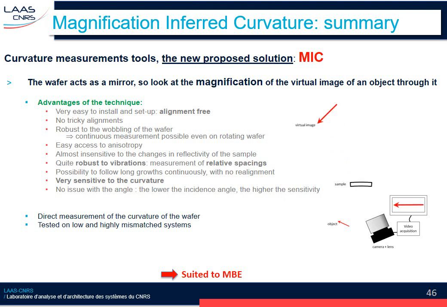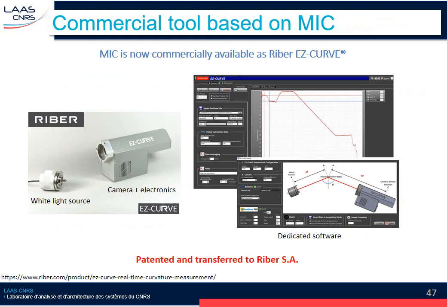So this system is really suited for MBE, and we use it for every growth, and as I told you, it's a plug and play system. We patented this system and transferred it to Riber, so it's now commercially available as the EasyCurve tool, which is made of a white light source and camera and its electronics, with dedicated software.